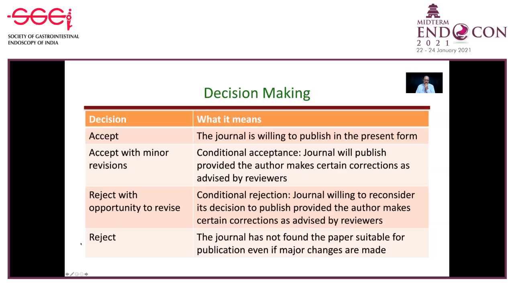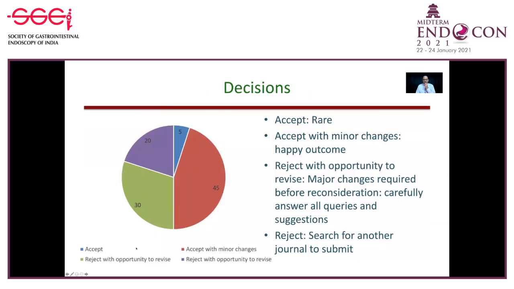And the last one is reject. That means the journal has not found the paper suitable for publication even if major changes are made. These are the statistics from one journal to give you an idea how frequently these four decisions are taken. Directly accept is a rare decision. Accept with minor changes is a happy outcome because the journal has accepted the article with some minor changes.